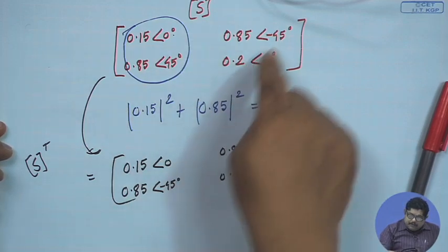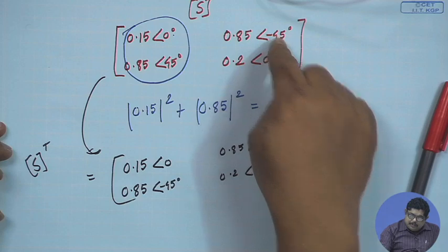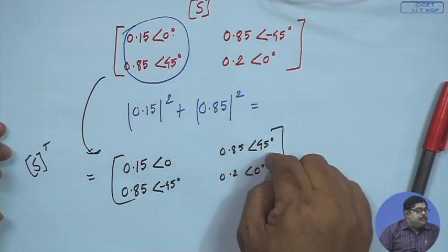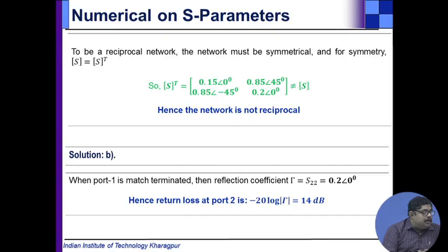Are they same? No. You see, here minus 45, 45. So, the network is not reciprocal also. So, part A is solved, that it is not lossless, not reciprocal.